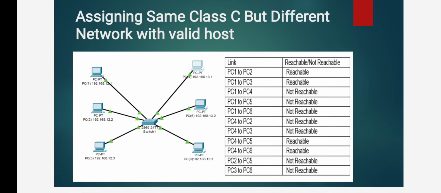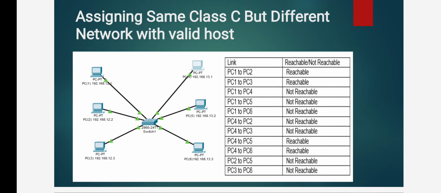PC1 to PC2 are connected because the network parts of PC1 and PC2 are the same. It is also the same for PC1 to PC3. But in number 3, PC1 to PC4 are not reachable. Why?